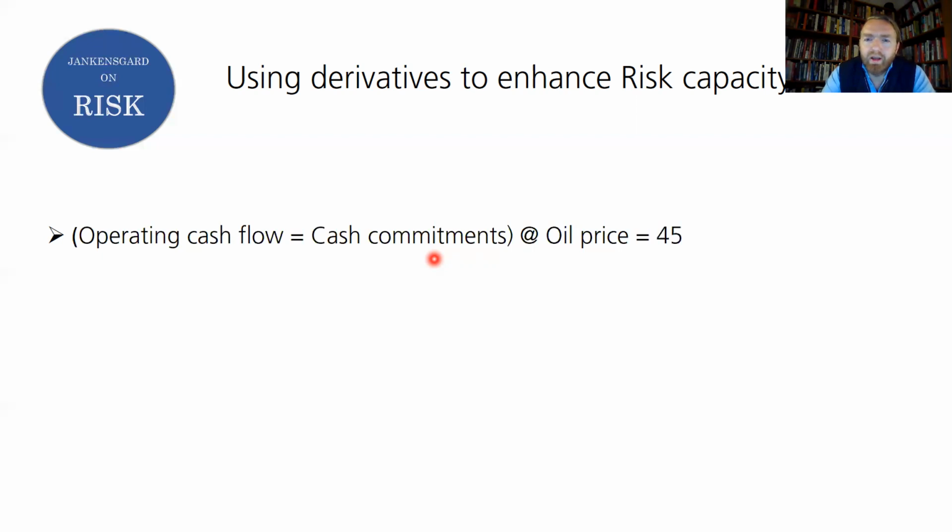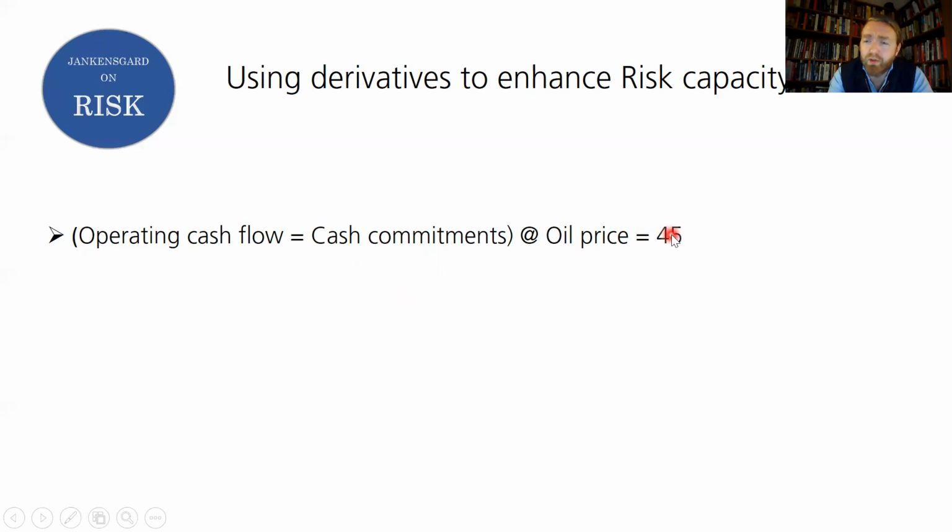So we're saying here that they should absorb these shortfalls. Well, a shortfall occurs whenever cash commitments are larger than operating cash flow. So at the point at which they're equal, that's when you start seeing a need for additional risk capacity potentially, because if the cash flow keeps falling beyond that level, that's a cash flow shortfall, and that is 45.